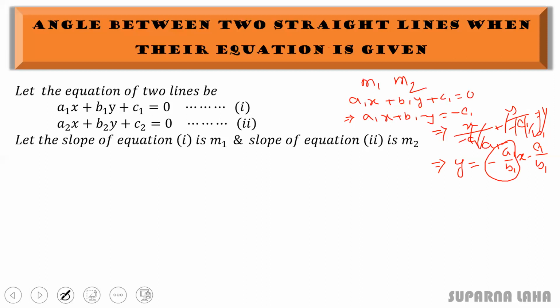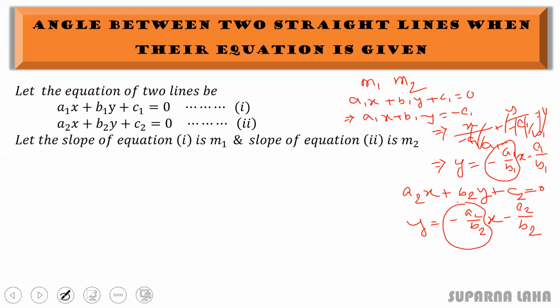And for the second one, A2x plus B2y plus C2 equals 0, from here you can easily find the slope. y equals minus A2 by B2 x minus C2 by B2. So y equal to mx plus c is the equation for slope intercept form. So slope is here minus A2 by B2. So write down the slope: M1 is minus A1 by B1 and M2 is minus A2 by B2.